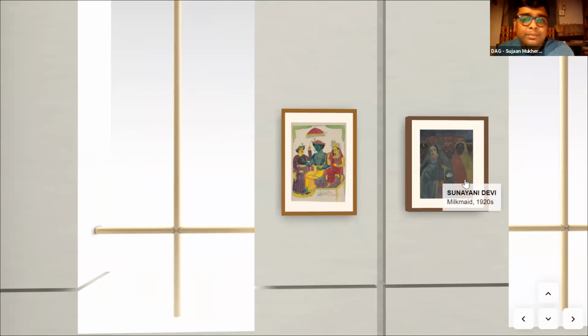Sunayani Devi is one of those rare women artists of the time who is not nearly as celebrated as Abanindranath Tagore or Gaganendranath Tagore, probably because they could speak about what they were trying to do, because it had interconnections with other parts, other styles, and so on. And this is really something which both.